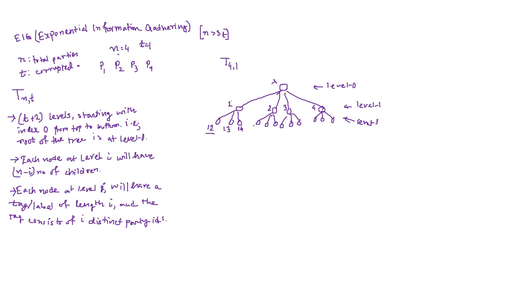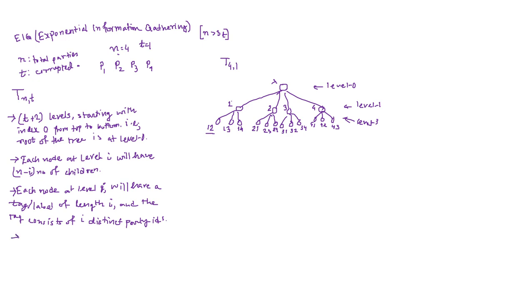So let's write the tags of these nodes as 2 1, 2 3, 2 4. This is 3 1, 3 2, 3 4. This is 4 1, 4 2, 4 3.